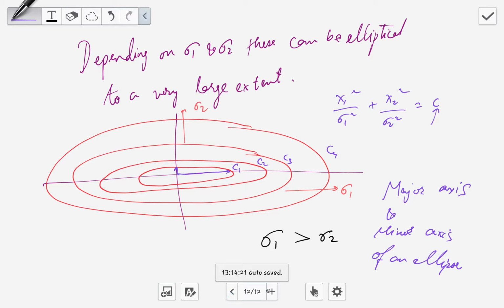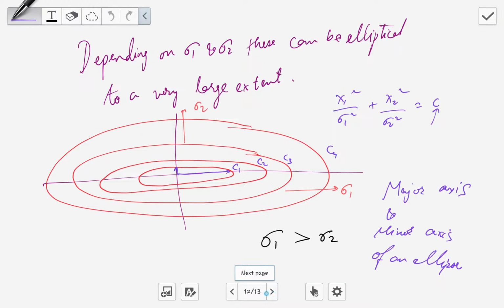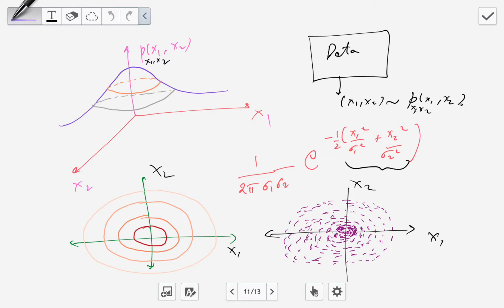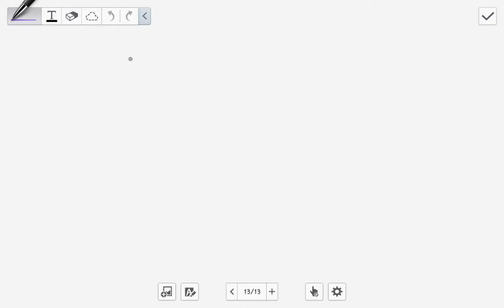Now what I want to do is, let us say I am rotating this. I want to rotate every point in this plane by some theta. So how will the resultant look like?